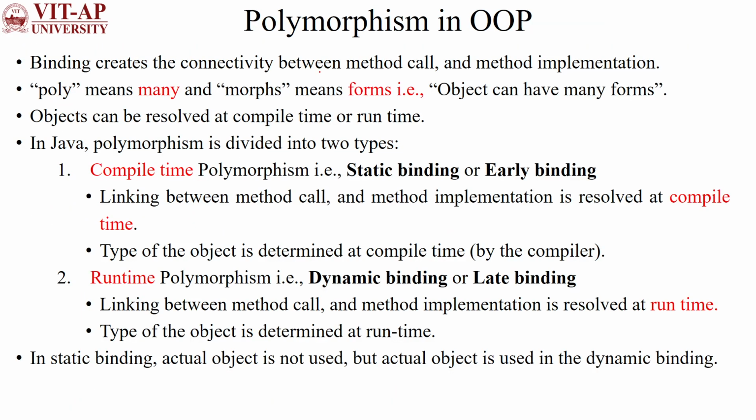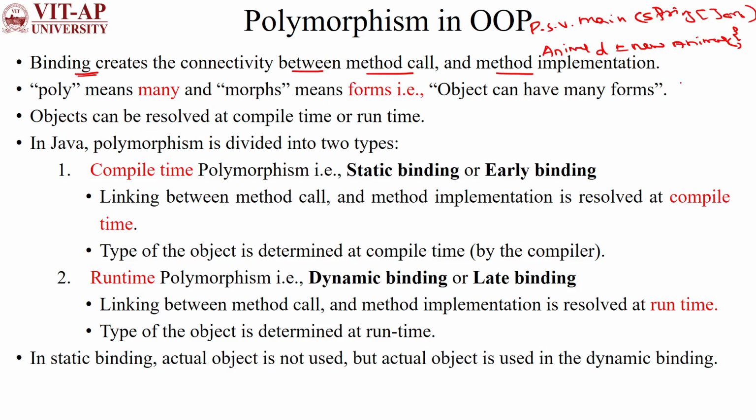So here polymorphism is creating the binding between the method call and the method implementation. A method call is made inside the public static void main method, where we pass a string and a set of arguments, etc. Here we define the object with respect to some class, for example Animal, using new and the class name Animal.